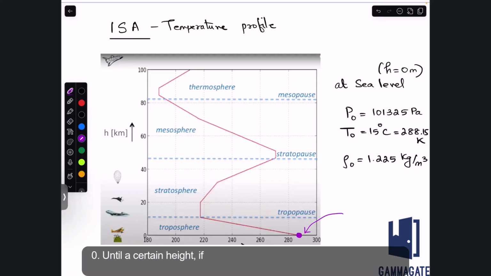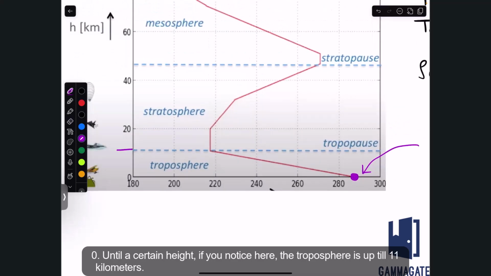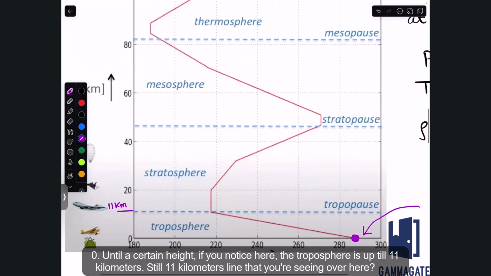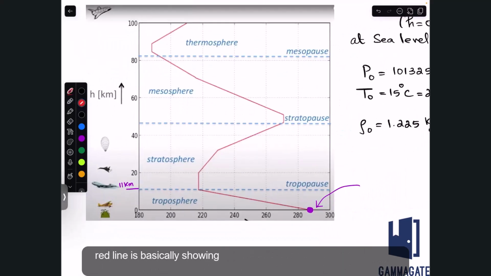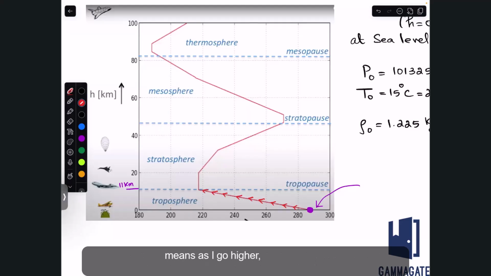Until a certain height, the troposphere is up till 11 kilometers. What is this red line that you're seeing over here? The red line is going towards the left, which means as I go higher, the temperature is reducing.